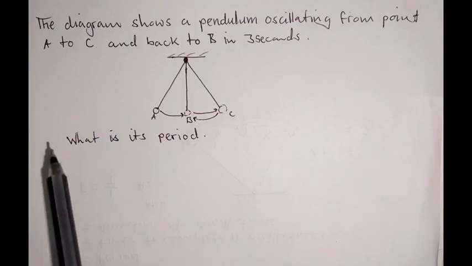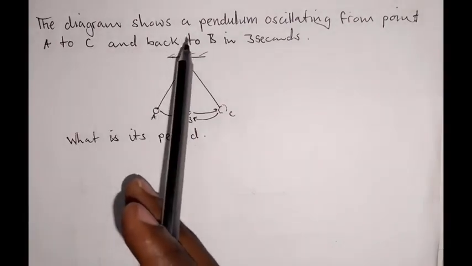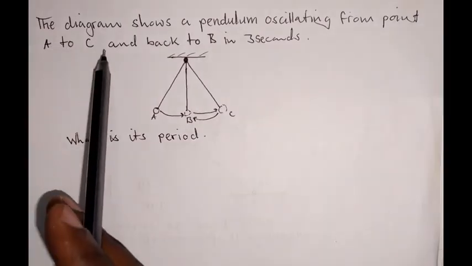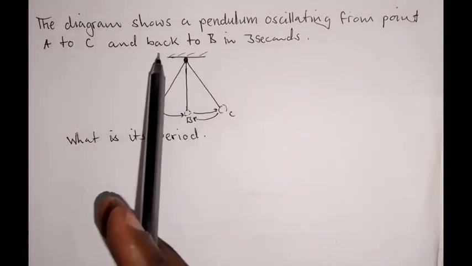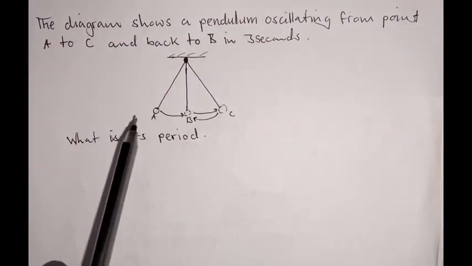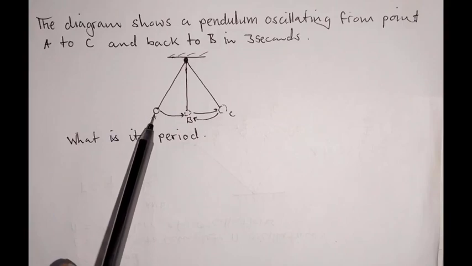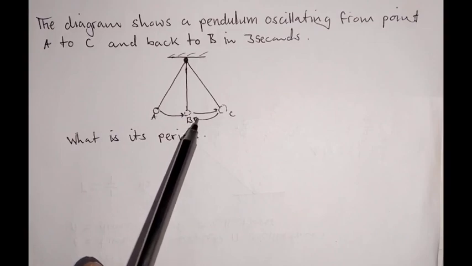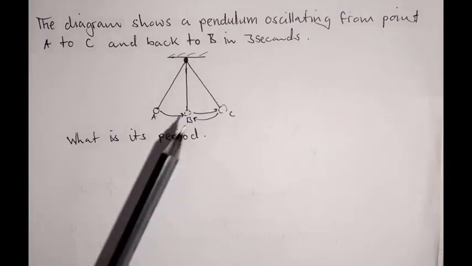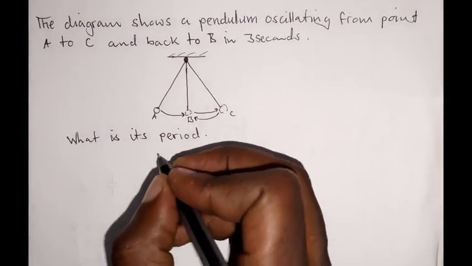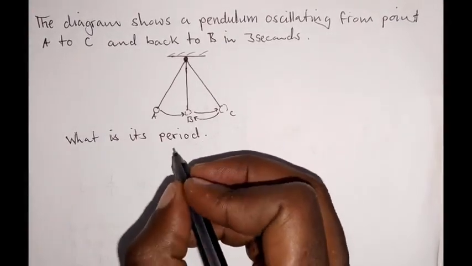The question is: the diagram shows a pendulum oscillating from point A to point C and back to B in 3 seconds. So this is the time. What is its period?